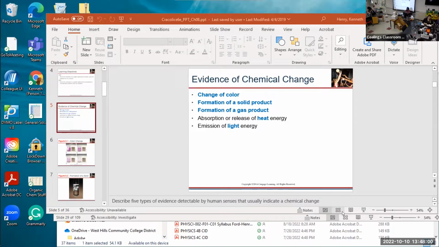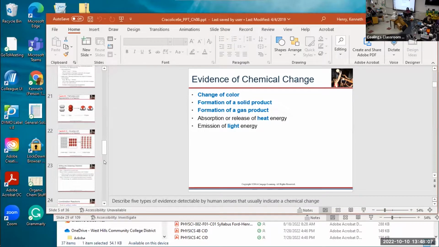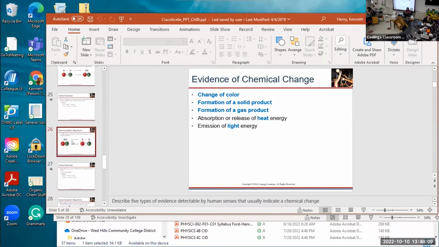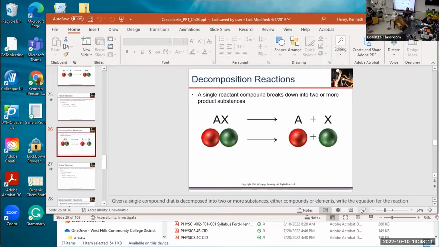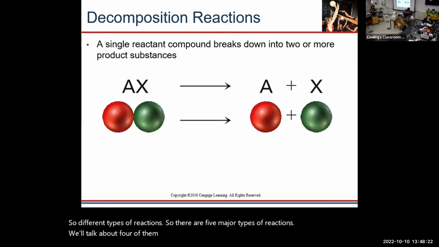Okay, so I'm going to go to reactions. So there are 5 different types of reactions. We'll talk about 4 of them, and then I'll write the 5th one for them.